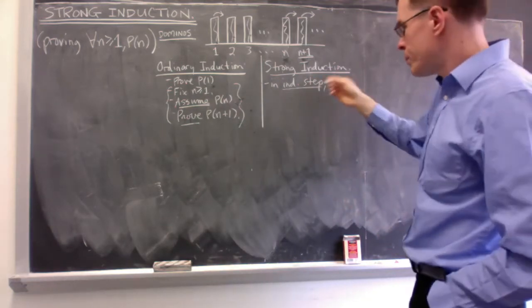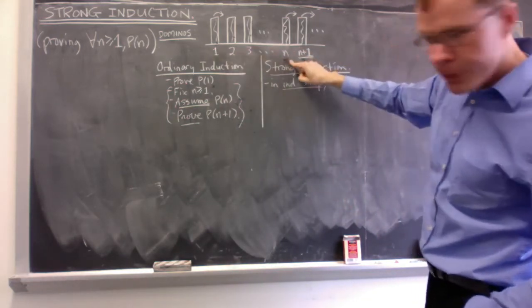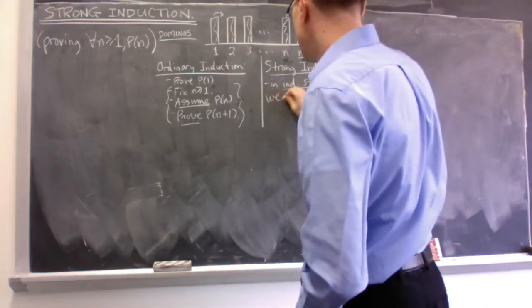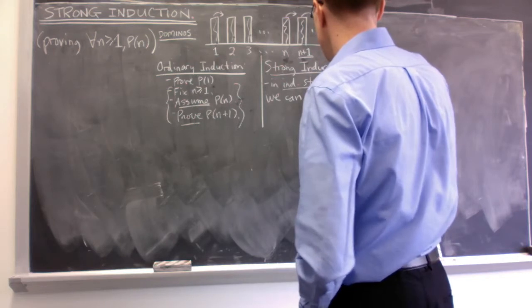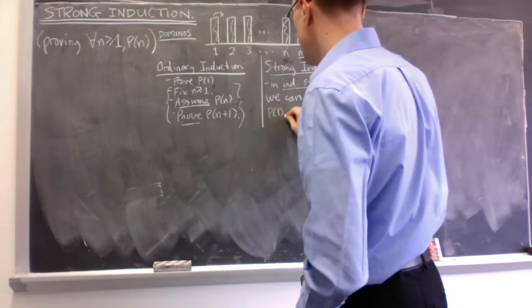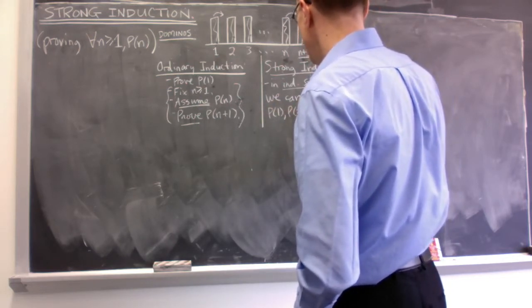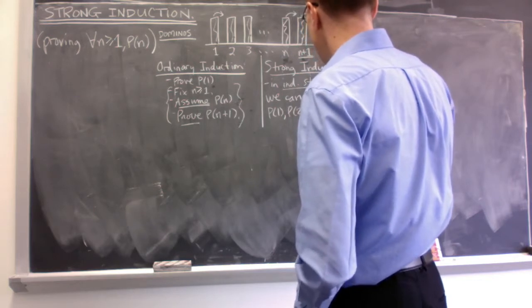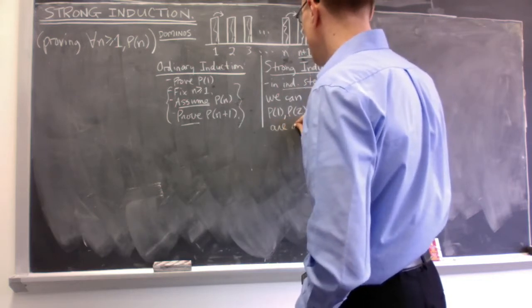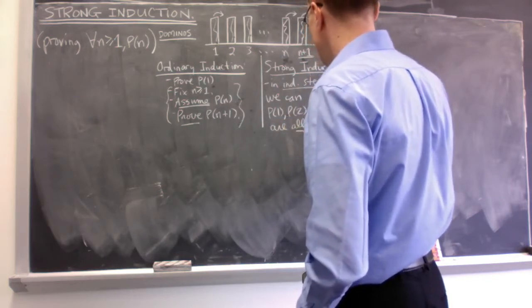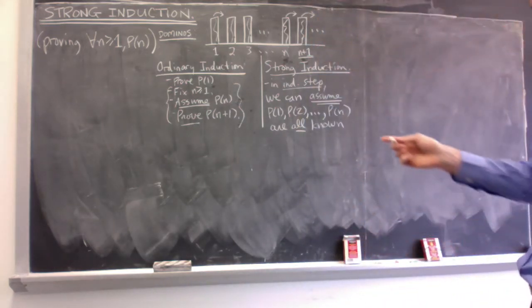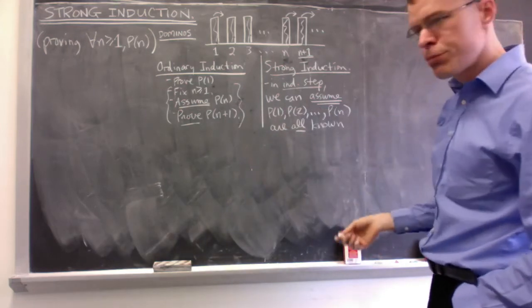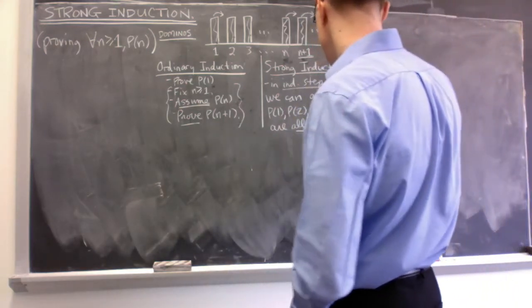But we'll actually be able to assume all of the statements prior to n plus 1: P of 1, P of 2, dot, dot, dot, P of n. We might as well say that all of those are known at the time when we're trying to prove P of n plus 1.